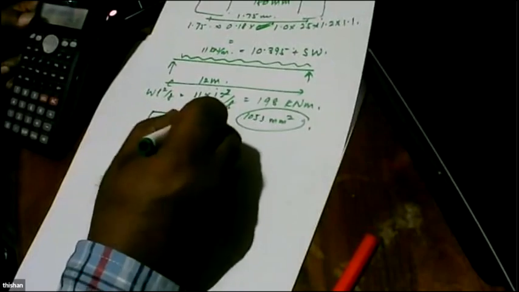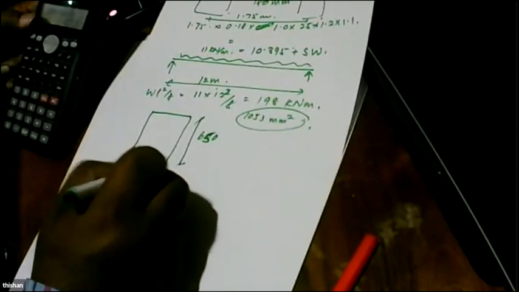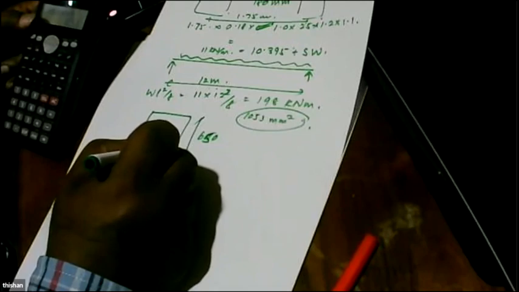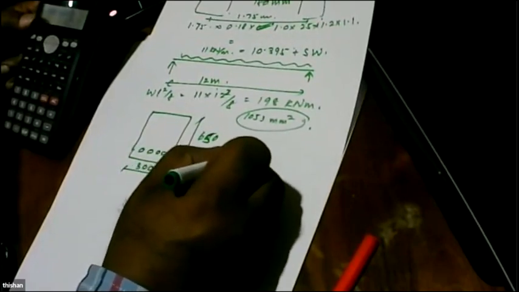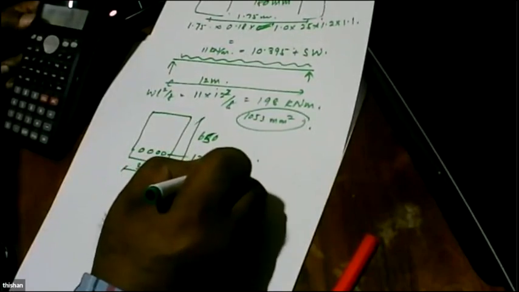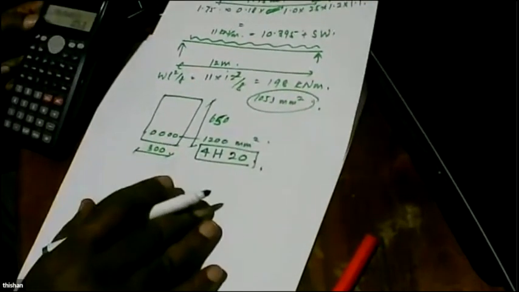I've done an approximate calculation. So for a 650 millimeter deep beam, 300 wide, you will need about 1,100 to 1,200 square millimeters, or 4H20. You need something like 4H20.